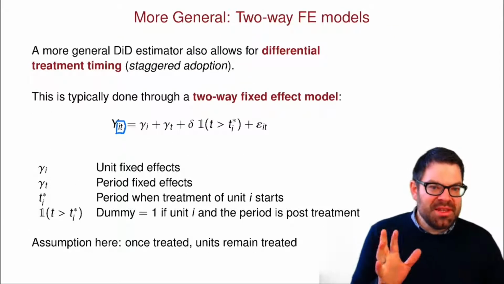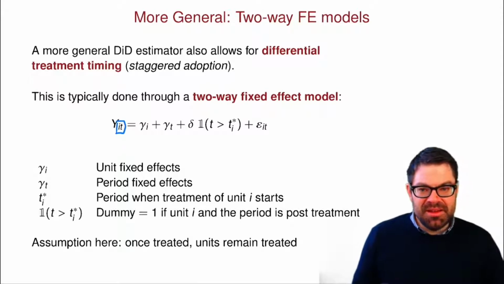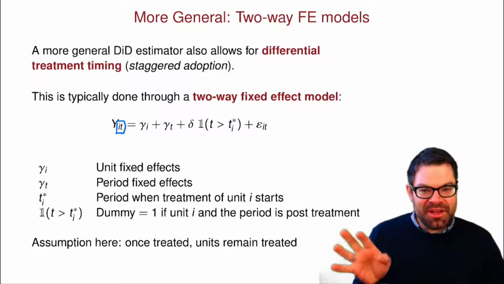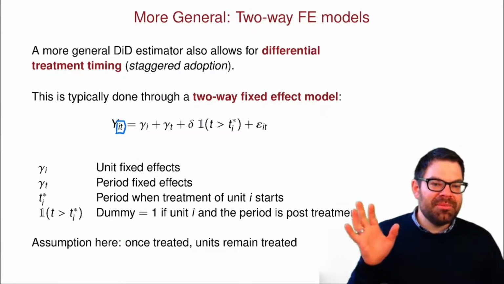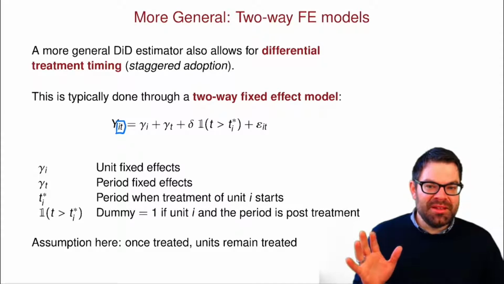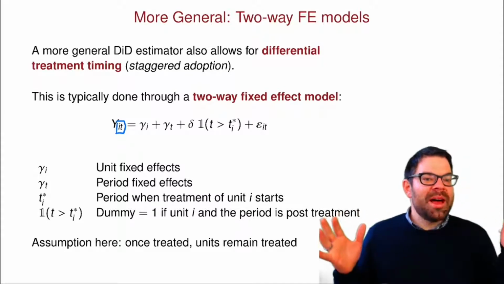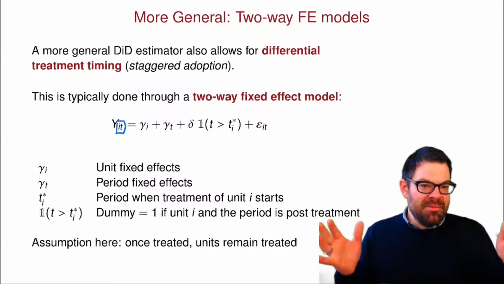But what you see in typical difference-in-difference papers these days is something different, something that looks more like this. The notation may differ, but it looks similar to this, whereby you typically have quite a long panel. So you observe the same units many times.